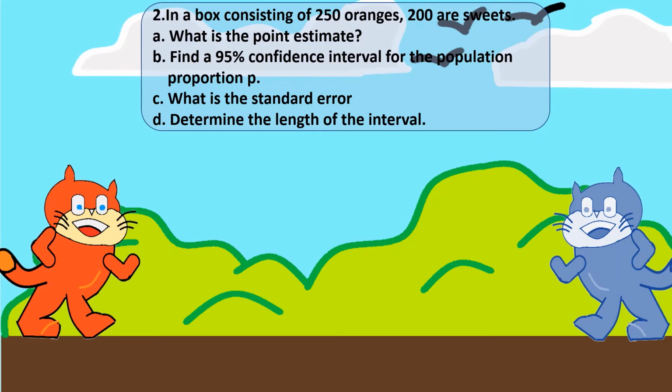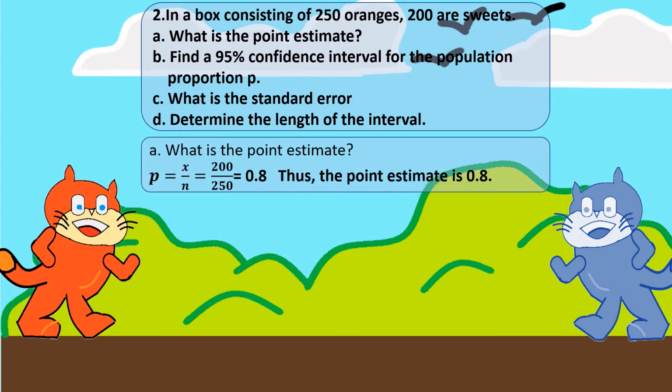Example number 2. In a box consisting of 250 oranges, 200 are sweet. What is the point estimate? Find the 95% confidence interval for the population proportion P. What is the standard error? And determine the length of interval. For our first question, what is the point estimate?